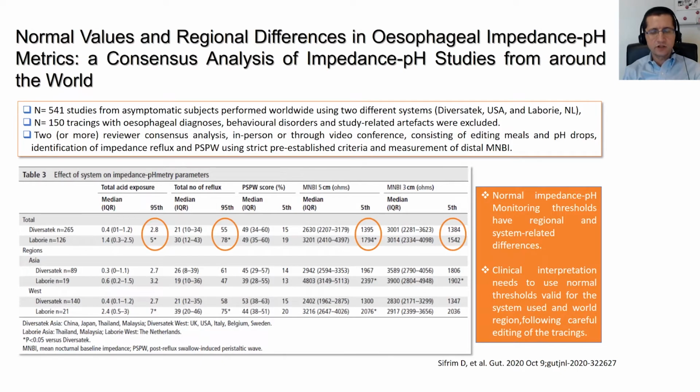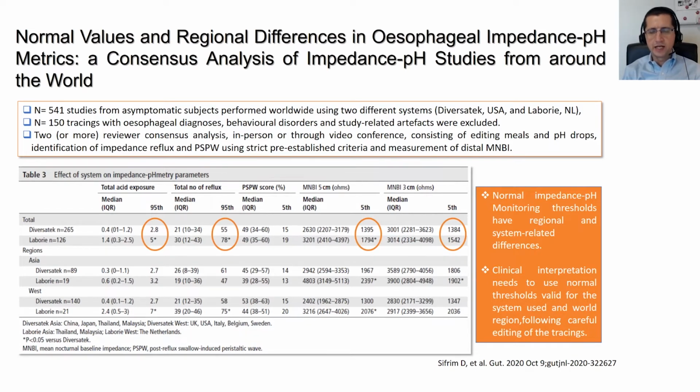Data from these large studies say that the normal values we adopt in the past probably were a little bit overestimated, and in particular, the acid exposure time evidence found during the analysis was a little bit lower, as well as the number of reflux episodes calculated at the end of the studies was a little bit lower compared to the past.